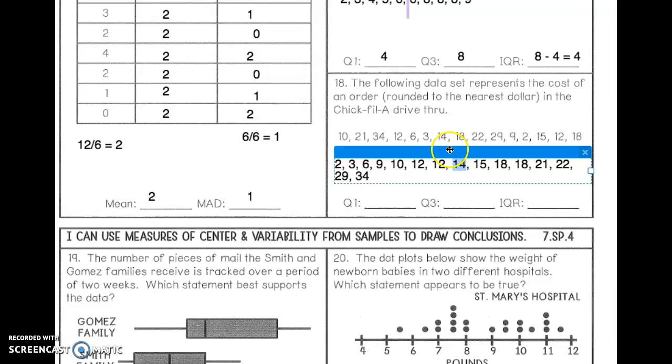Now, to get Q1, you should have 7 numbers to the left of 14. You take the number right in the middle, so 1, 2, 3, and 9 should be right there in the middle. And on this side, 1, 2, 3, and there's 21, and then 1, 2, 3 on the right side of 21.